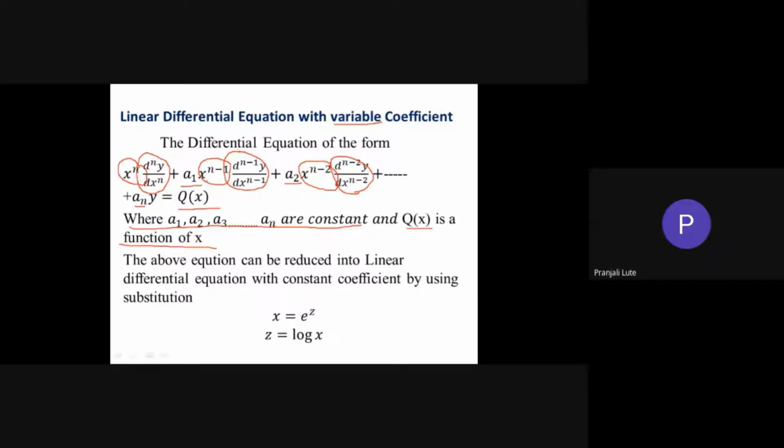And x raised to power n, x raised to power n minus 1, x raised to power n minus 2 are the variables, and this equation is called the linear differential equation with variable coefficient. This equation is also called the Cauchy Euler equation.